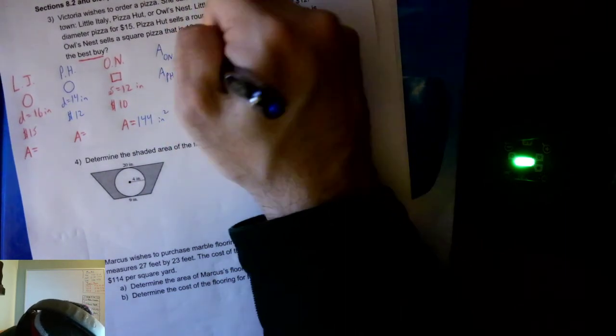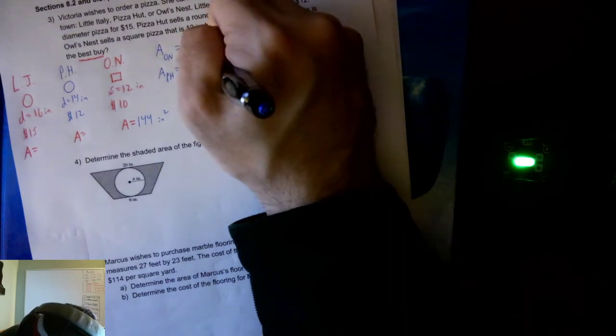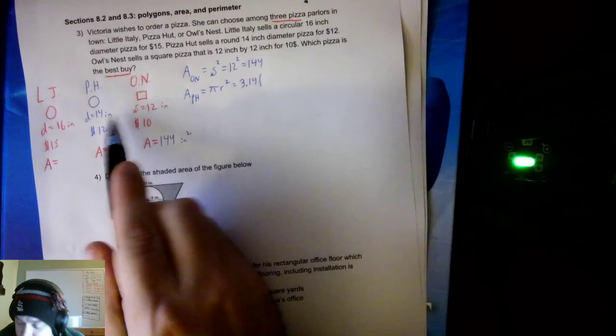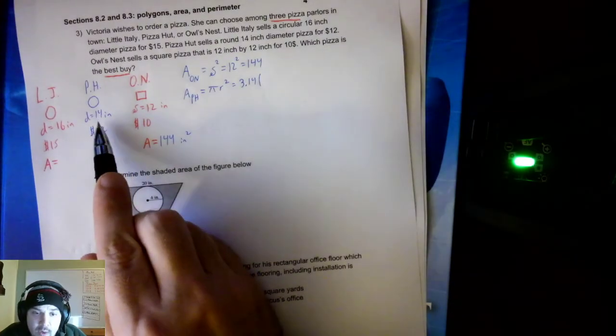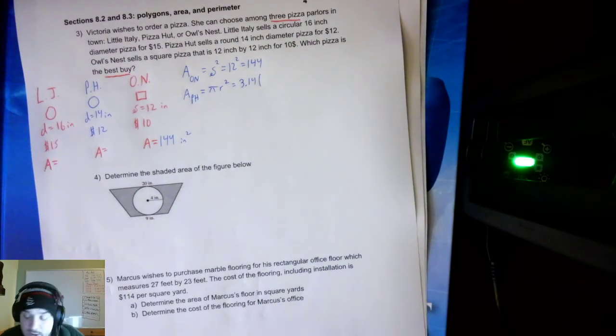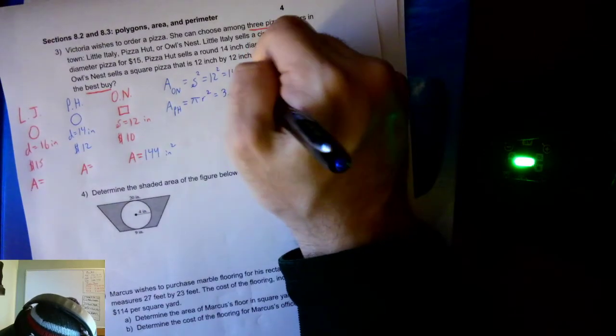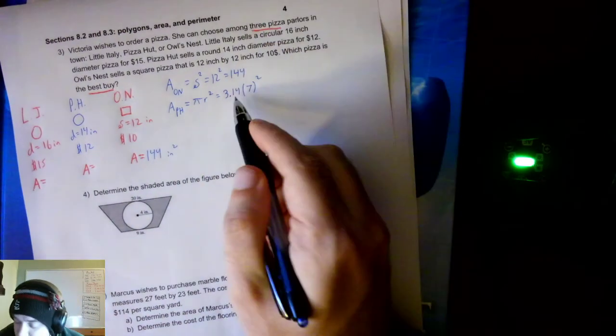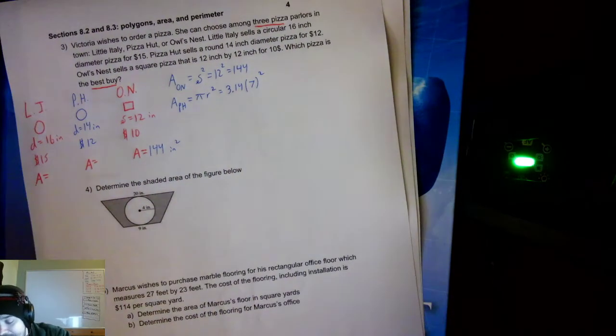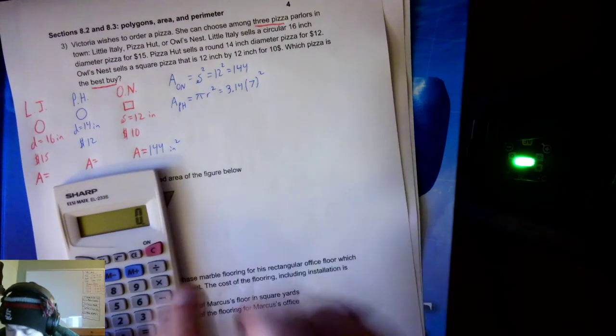Now, let's move to Pizza Hut. The area for Pizza Hut. It's a circle, right? Circle has pi r squared. So I'm going to plug in 3.14 r. I need to be careful. I know the diameter is 14. The radius is always half the diameter. So I'll use 7. Notice I put 3.14 for the pi. So let's see. 7 squared.